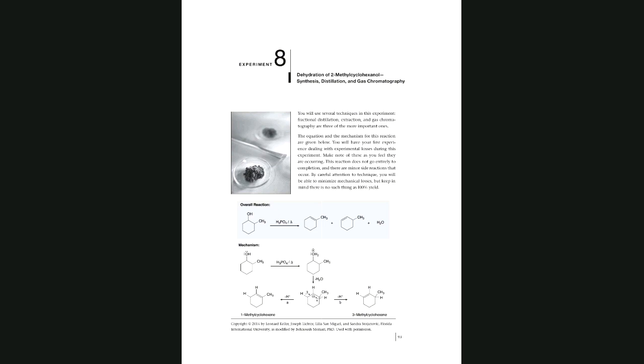So we're using a utility clamp to hold the flask, a 3-finger clamp for the fractionating column. We need the outer ring to support the heating mantle.